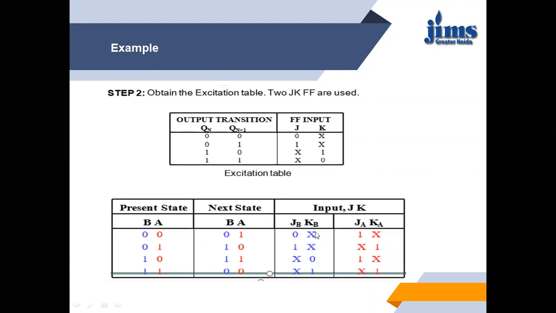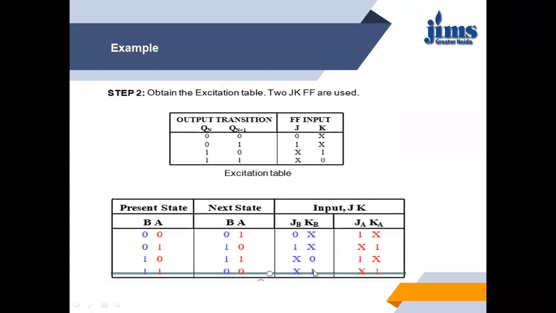So it is 0, don't care. Present state 0, next state 1: the input combination is 1, don't care. Present state 1, next state 1: the input combination is don't care, 0. Present state 1, next state 0: the input combination will be don't care, 1.